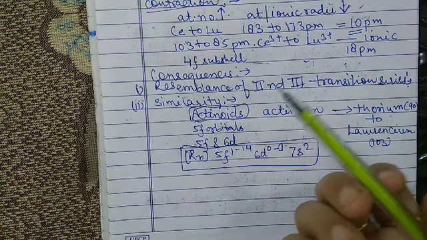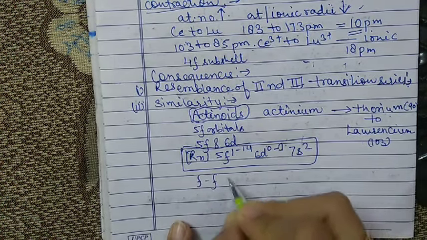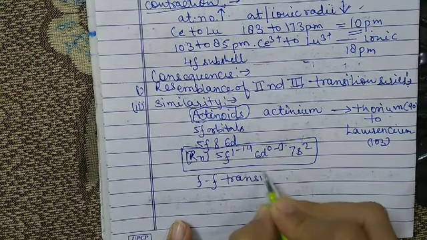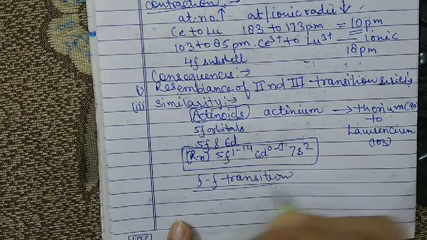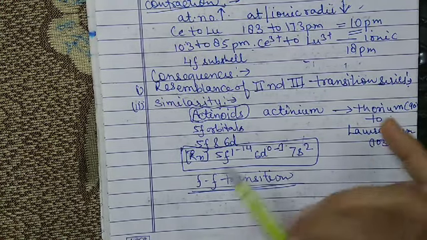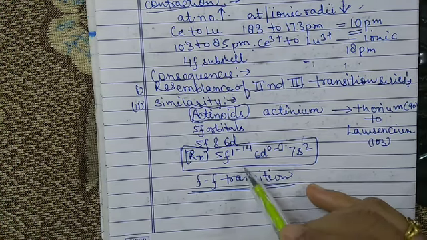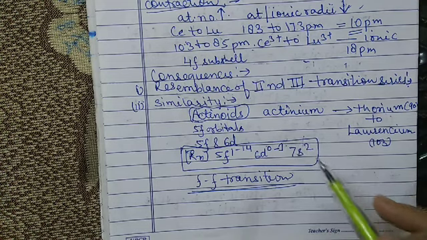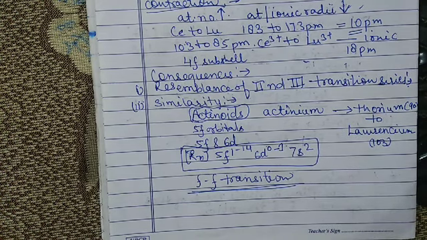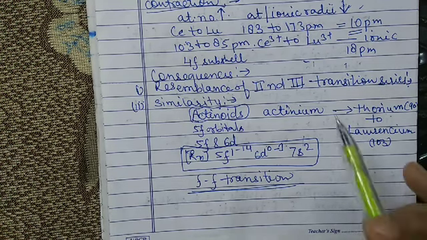Actinoid ions are also colored, and again the reason is the f-f transition. Because of the f-f transition, they are colored. The color of the actinoid ion depends upon the number of 5f electrons. Ions containing no 5f electron, or 7 electrons, meaning exactly half filled, are assumed to be colorless.